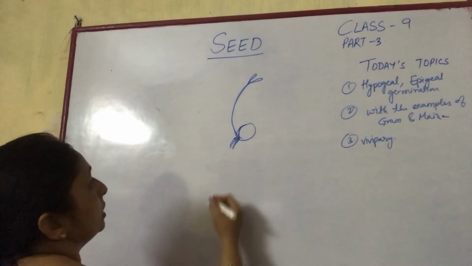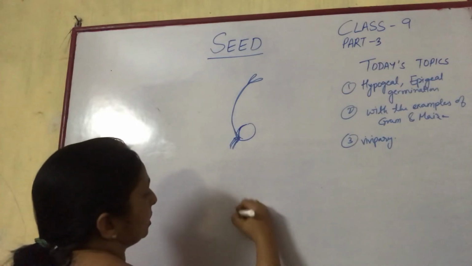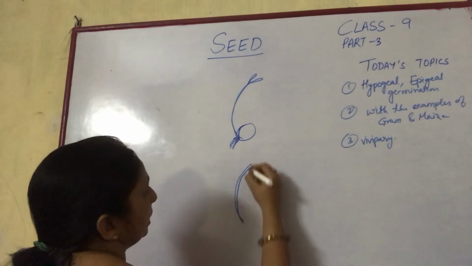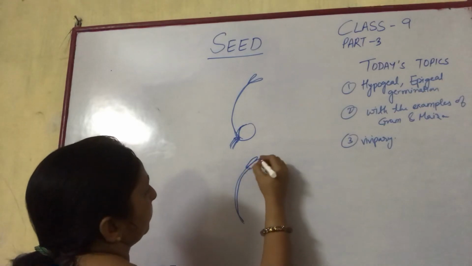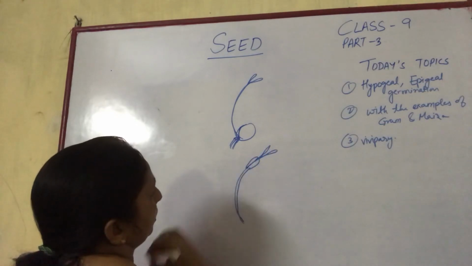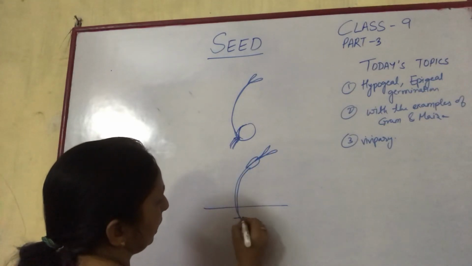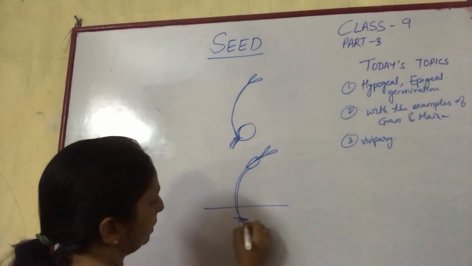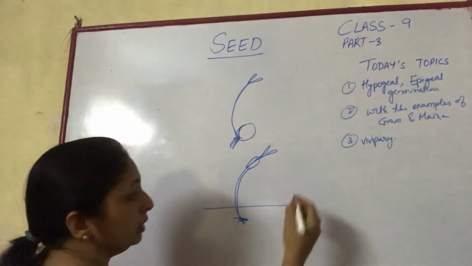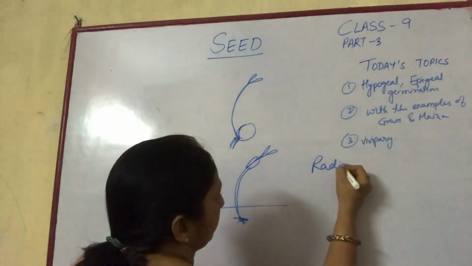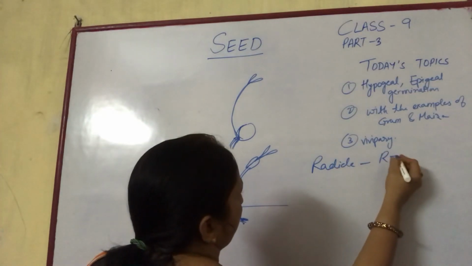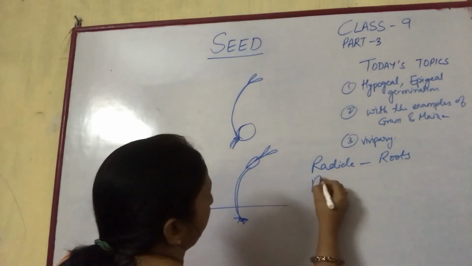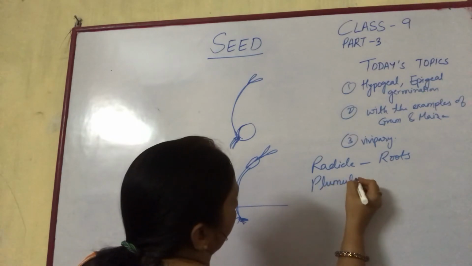And next to this, the epicotyl germinates. From the radicle, roots germinate. From the plumule, shoots.